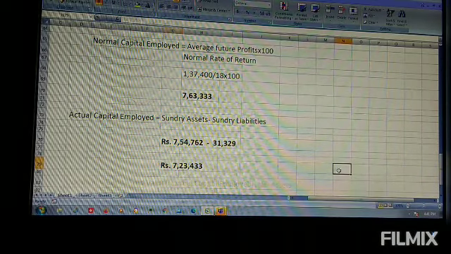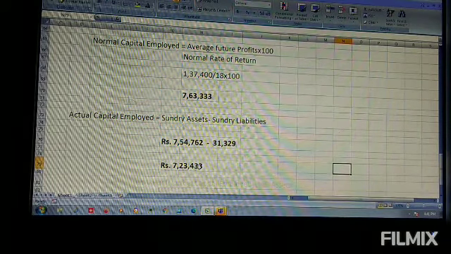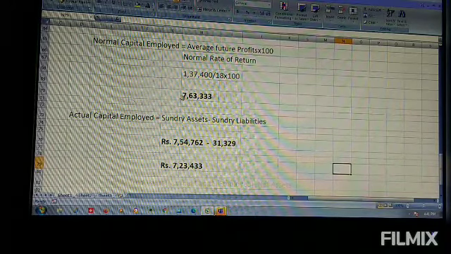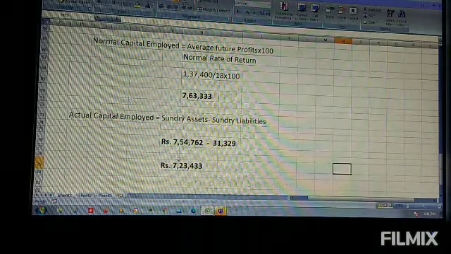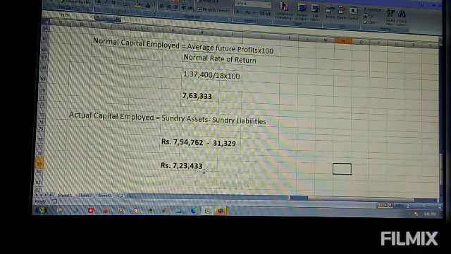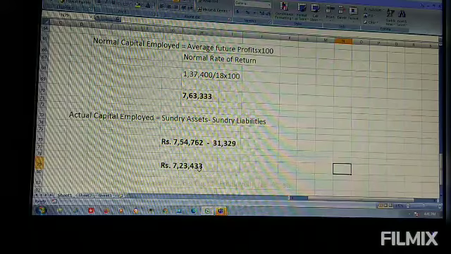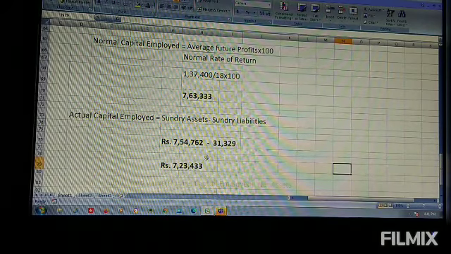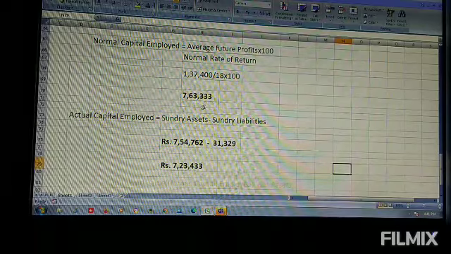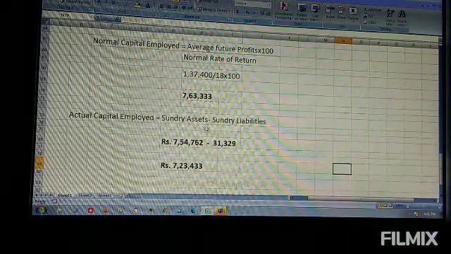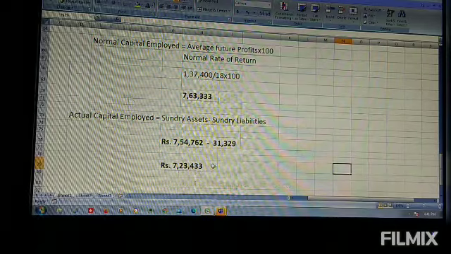Having only 7,23,433, we have earned this much profit. So actually we have earned more profit.